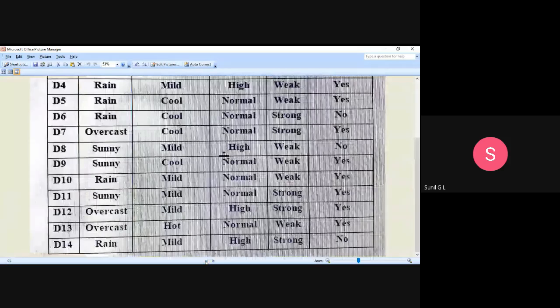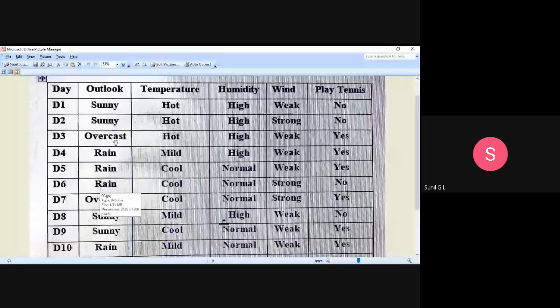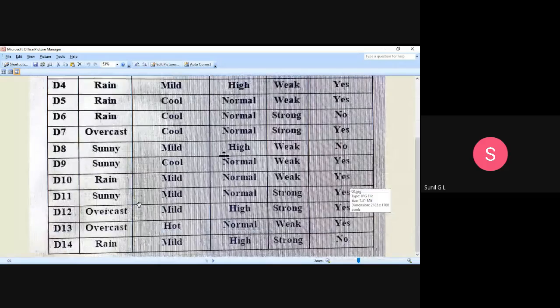When I pick the rainy data set, the first two rainies are yes, the next rainy is no, one more rainy is yes, and the fifth rainy is no. So positives are 3 and negatives are 2.